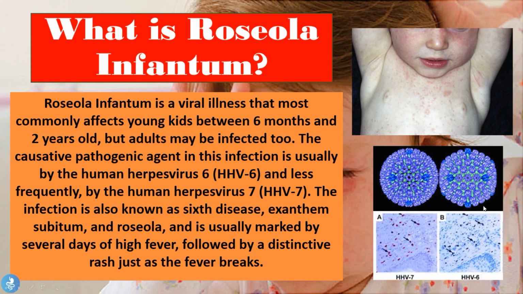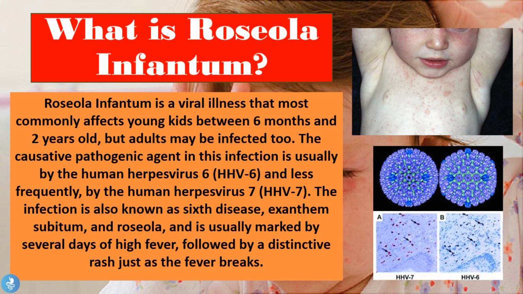And this is what the structure of these viral particles looks like. So we have the HHV6 and then the HHV7. The characteristic manifestation of this disease is this markedly high fever for several days, and then as the fever drops, we have the sudden appearance of this distinctive rash, which is usually found on the neck, the trunk, and the thighs of this child.